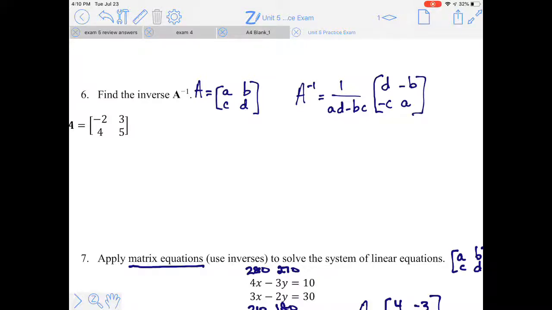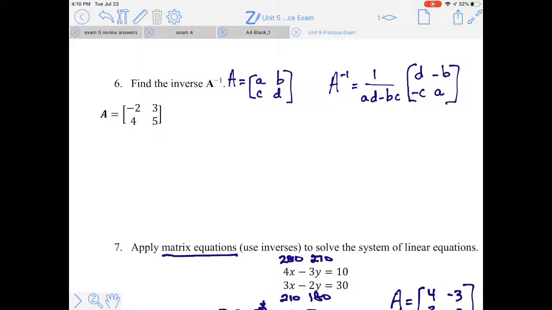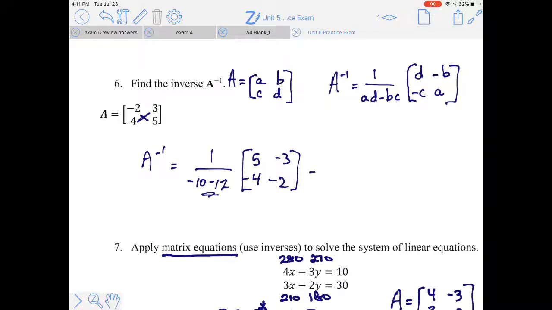So for that one, you'd get 1 over this product is -10 minus that product, which is 12. And then the 5 and -2 switch, and the 3 becomes -3, and the 4 becomes -4. So make that -12, -22, so this would be negative 1 over 22.